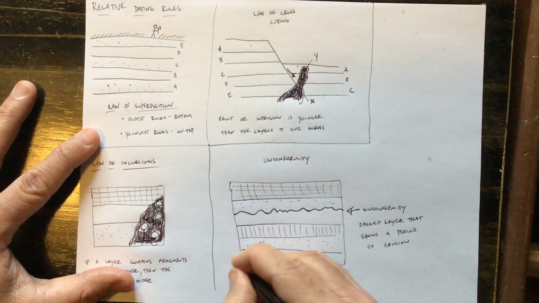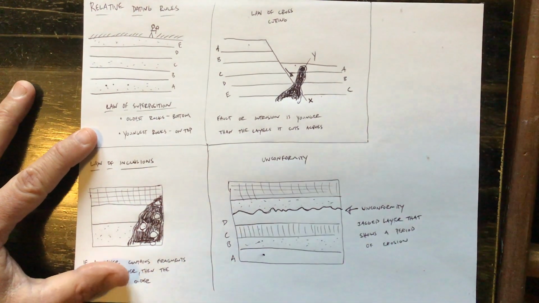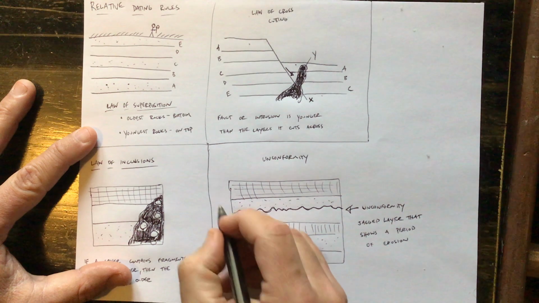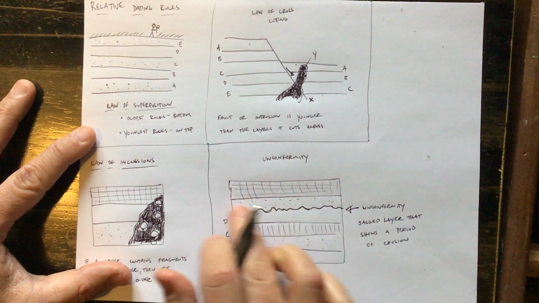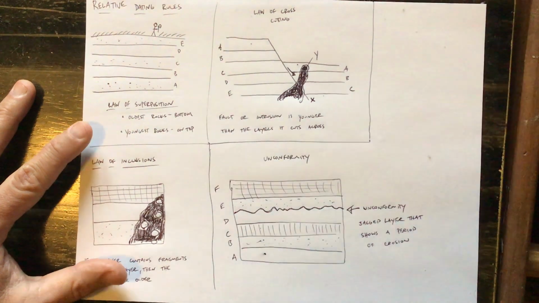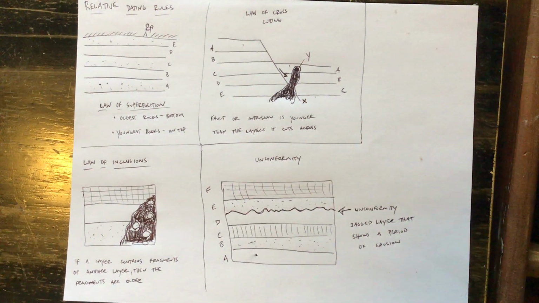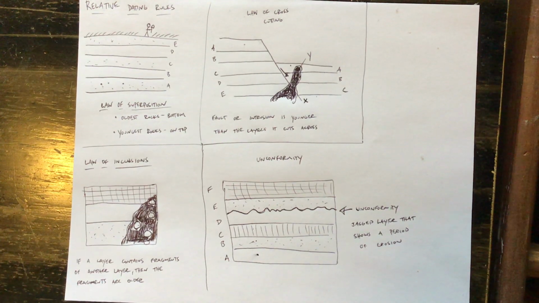So layers A, B, C, and D were deposited before the unconformity, before the period of erosion, and layer E and F were deposited afterwards. All right, that's going to be it for now.